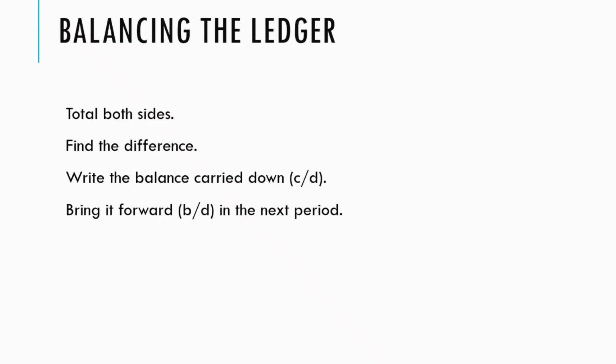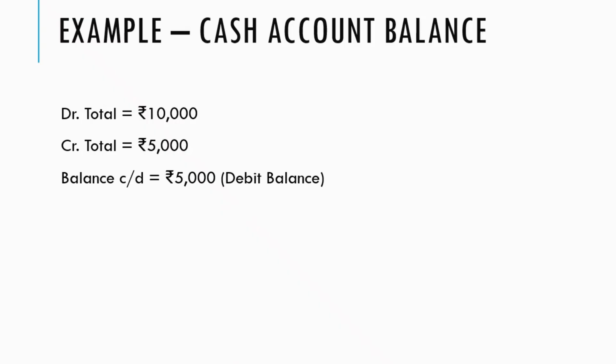I am going to share a few examples with you with a particular view of the ledger posting account. So the cash account balance was 10,000 on the debit side and 5,000 on the credit side. So we have a debit balance. Always remember, a cash account having a debit balance is a positive balance.